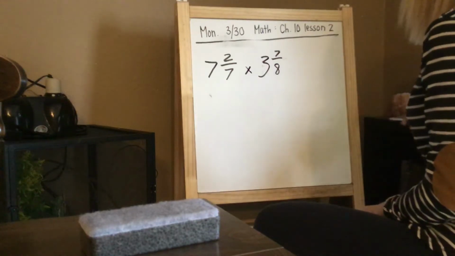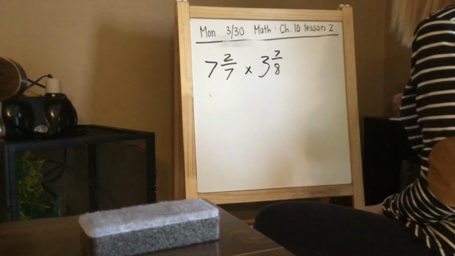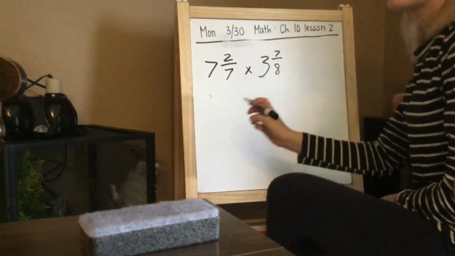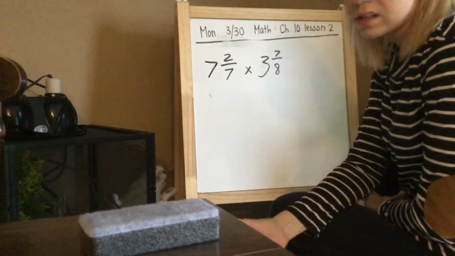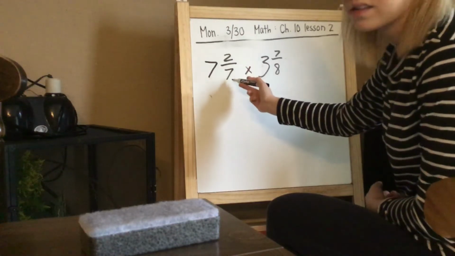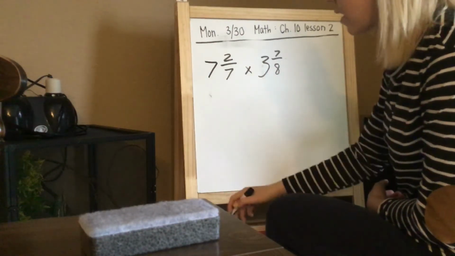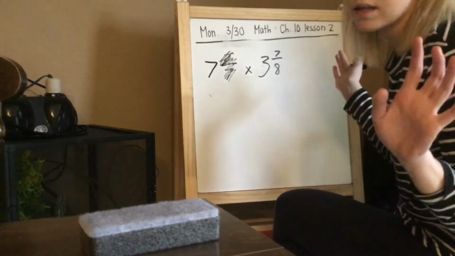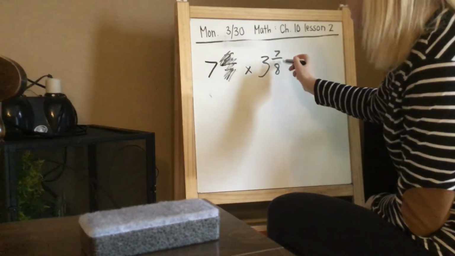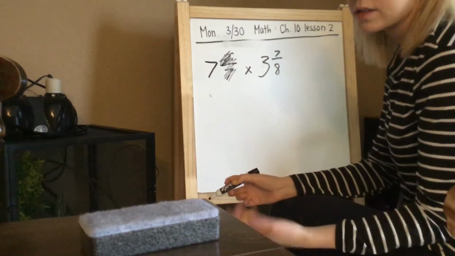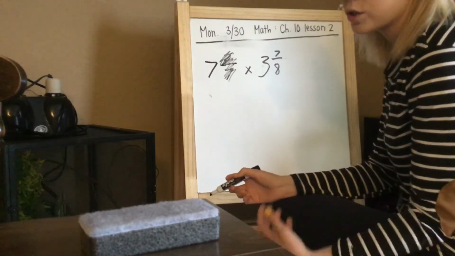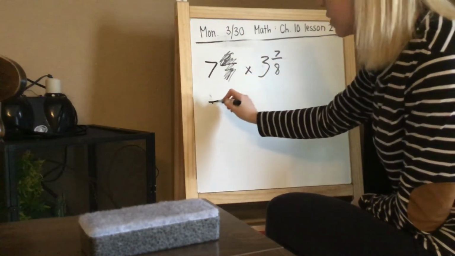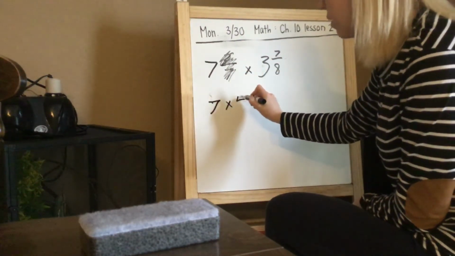So we're going to round 7 2/7 down to just 7. Because if I only have 2/7 of something, I'm going to round that down to 0. So I don't even have to worry about that fraction. It's gone. And then 3 7/8, 7/8 is really close to 8/8, which would just be 1. So I add 3 plus the 1, so this becomes 7 times 4.